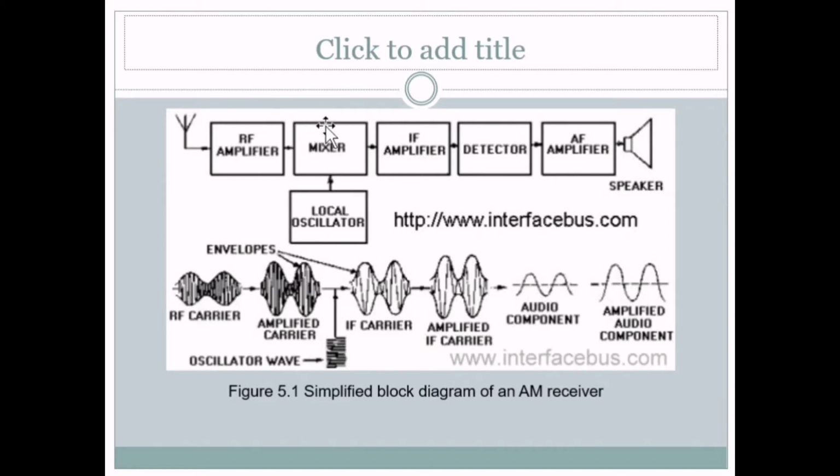After that it goes to the mixer. What the mixer does is convert the AM wave, which is the RF, to the IF.